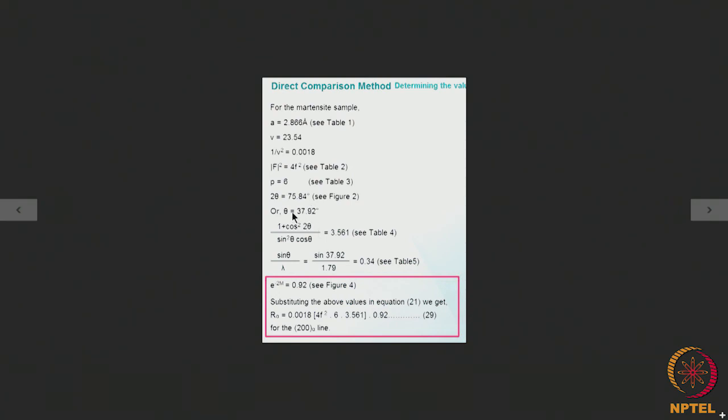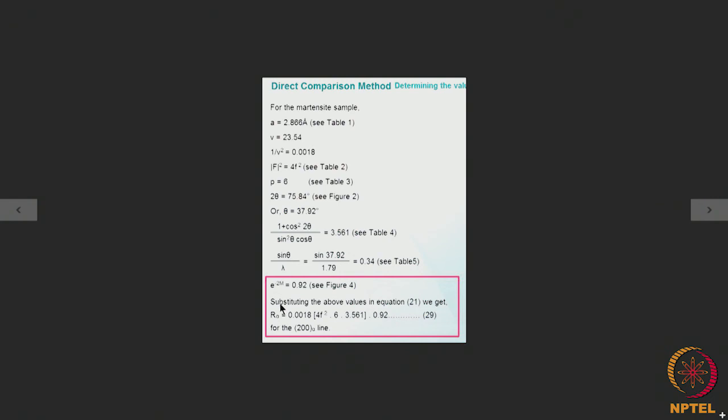The value of the Lorentz polarization factor can be read out from the table as 3.561. Sin theta by lambda can be calculated to be 0.34, and using all those values, the temperature factor comes out to be 0.92.